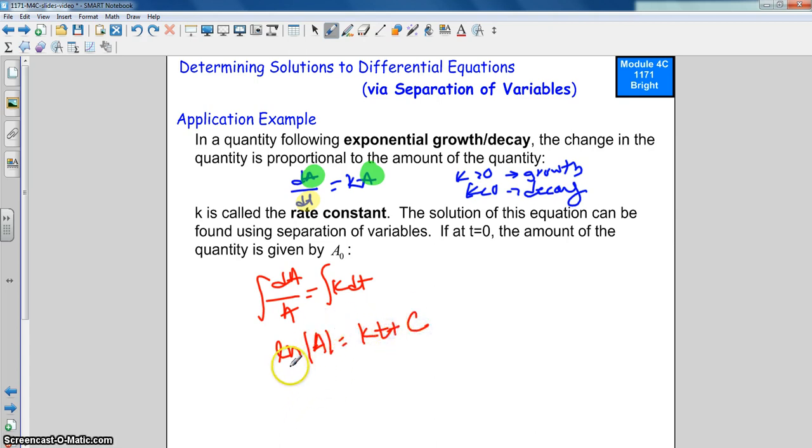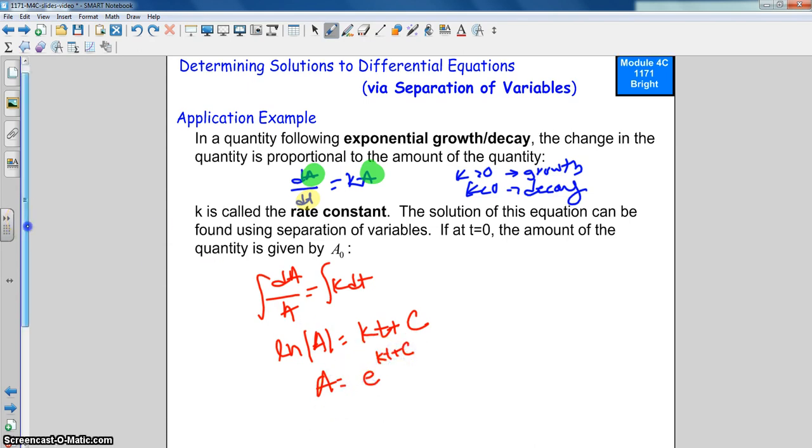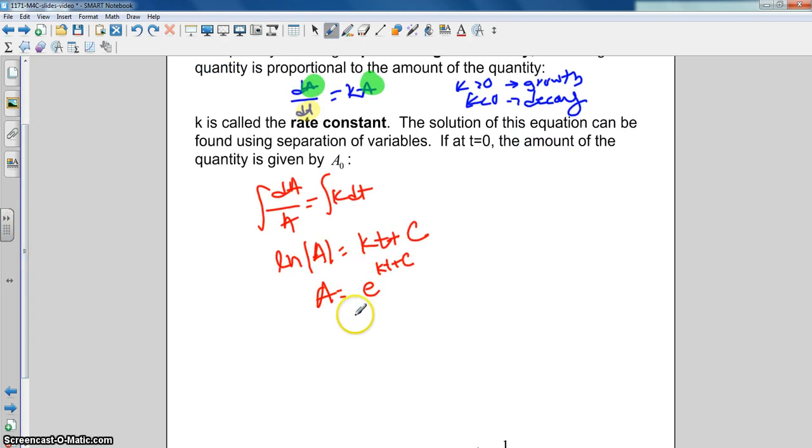Then, following the same idea as the last example, solving for A, I get A is equal to e to the kt plus c, by switching to exponential form. And lastly, rewriting this, A is equal to c star e to the kt.